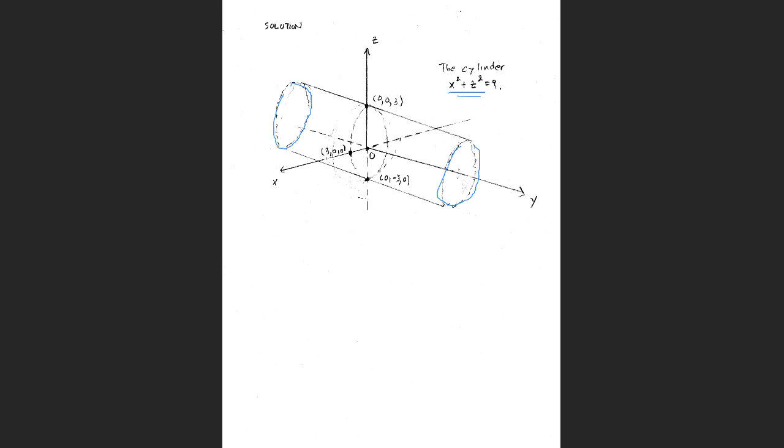If we put all those circles together, all the circles obey this equation. The x and z coordinates have to obey x squared plus z squared equals 9. If you just shift the circle along the y-axis, you get a cylinder.